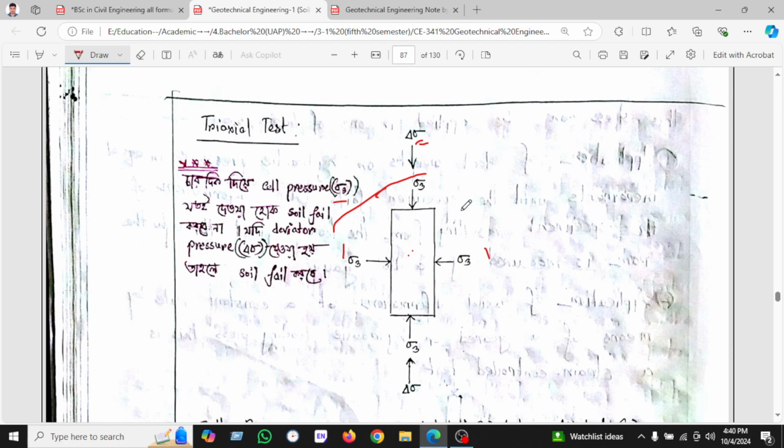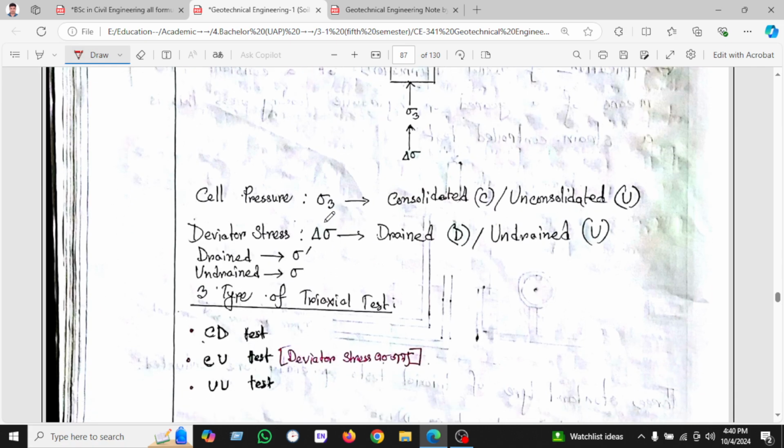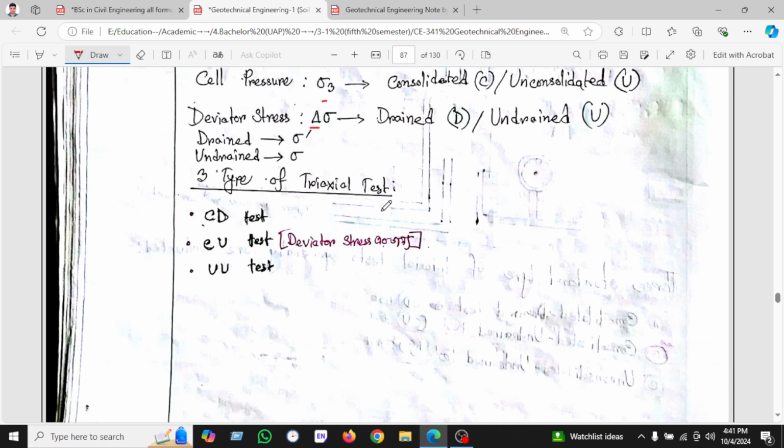Note that the soil will never fail unless we apply the deviator stress. When we apply the deviator stress, then the soil will fail. The cell pressure we know, sigma 3, consolidated and unconsolidated, and delta sigma is drained and undrained. There are 3 types of triaxial tests: CD, CU, and UU.